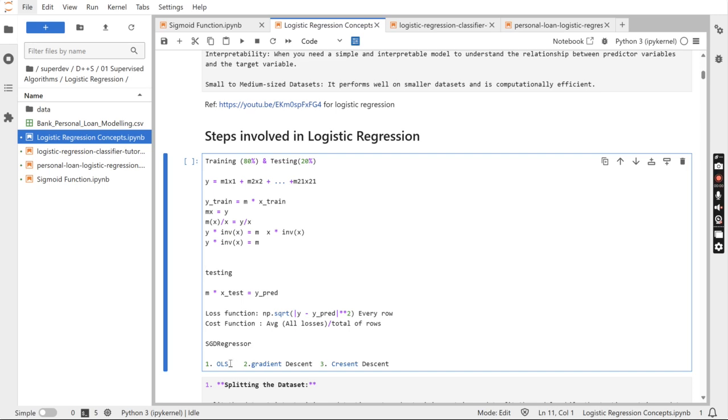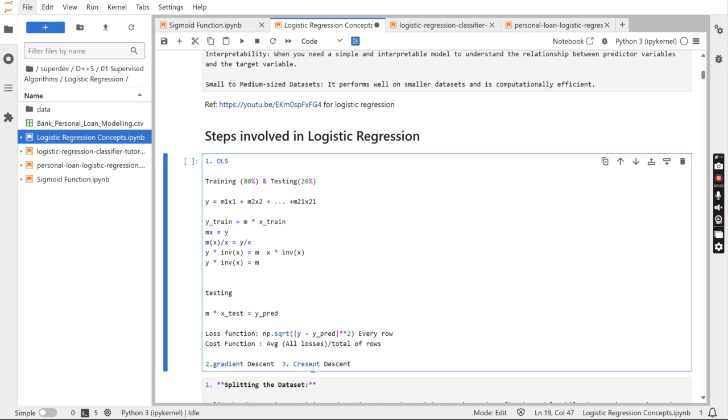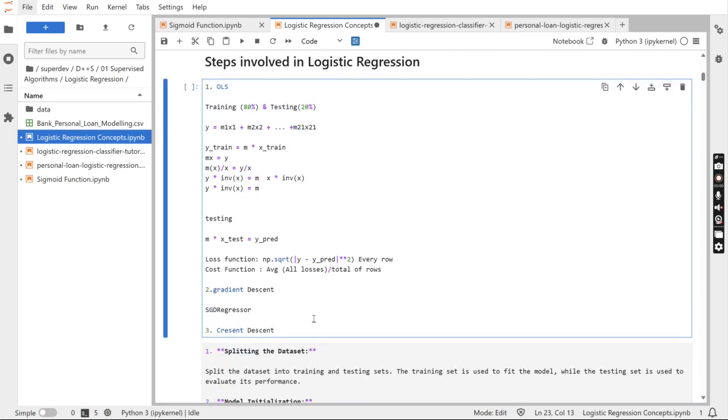In SGD, let me put it here maybe. Understanding this is very important, because if you understand this now, then for neural networks it will be like a piece of cake for you, because the same process happens there also with one additional step called backpropagation.